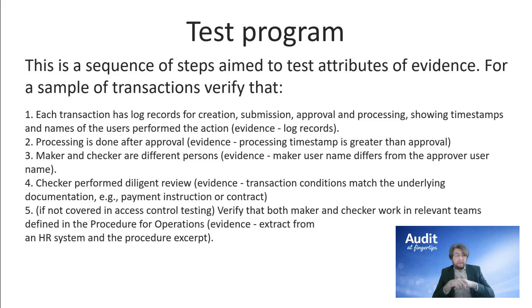So in that case, we need to take the original requirements for the transaction. It could be, for instance, the payment instruction or contract, and verify whether a sample of the transactions match the underlying documentation. If we find any errors, it may be a signal that the checkers are not always doing their work well.